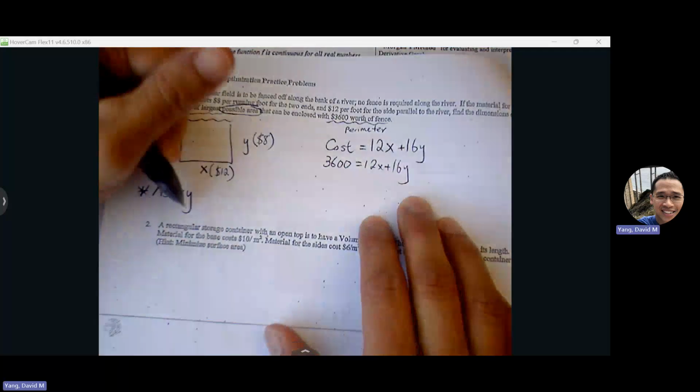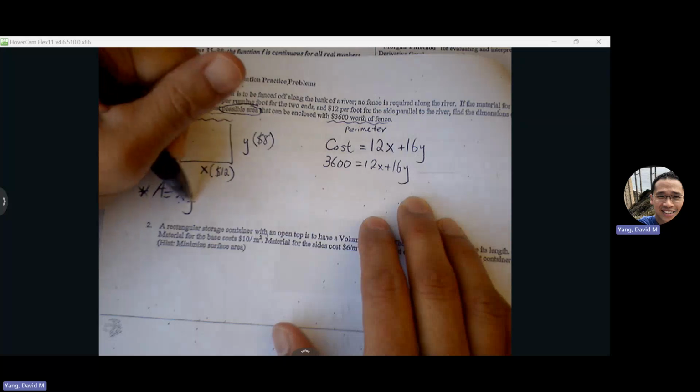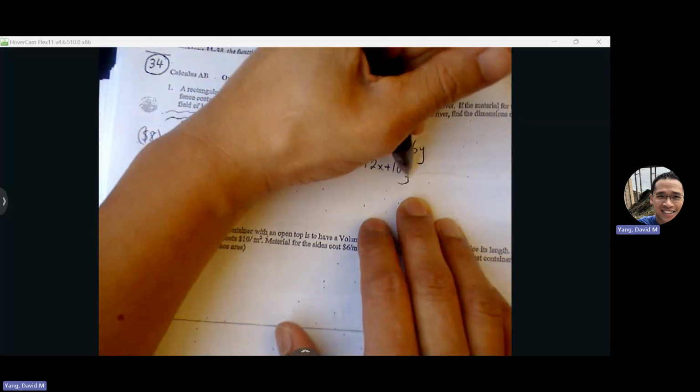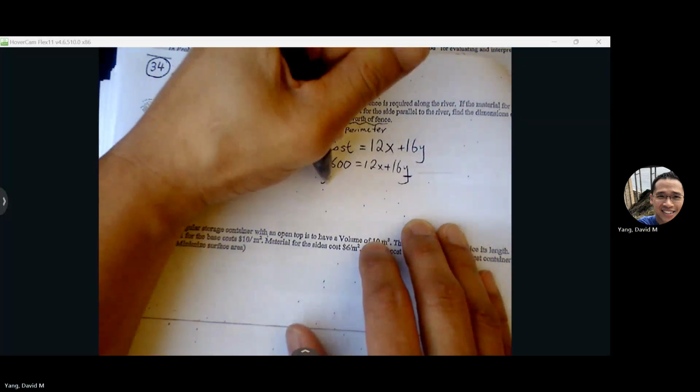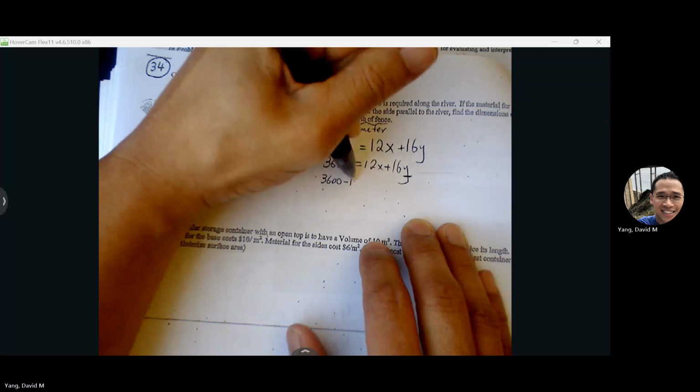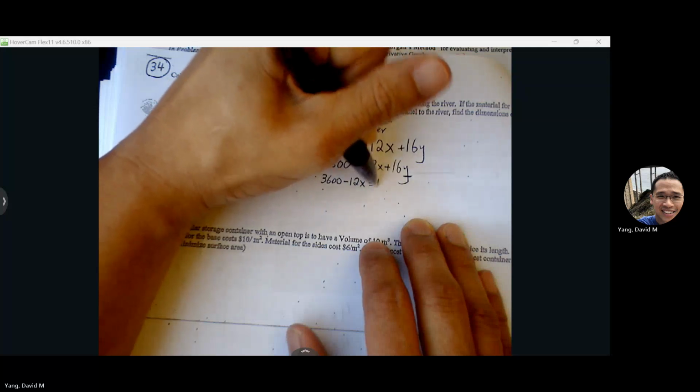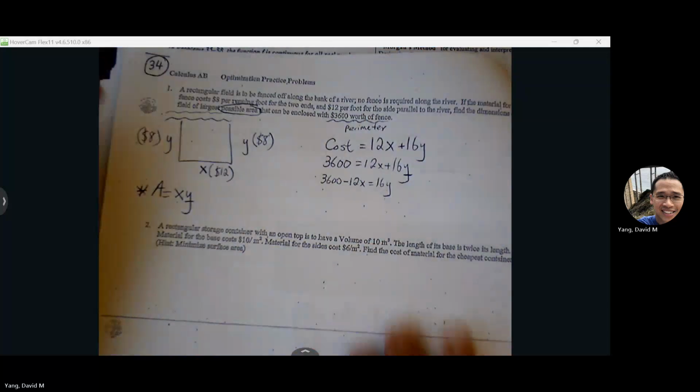So if I want it in terms of X, that means I got to get rid of Y. If I want to get rid of Y, I need to solve for Y. Divide both sides by 16.